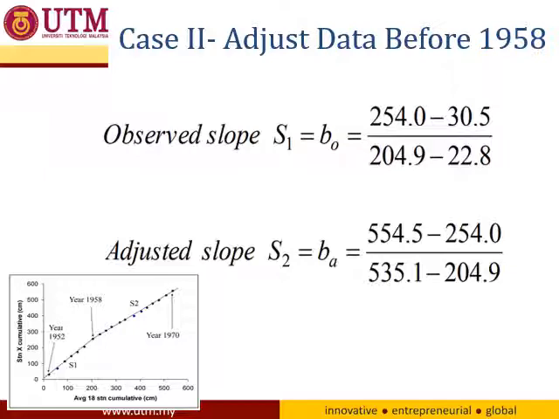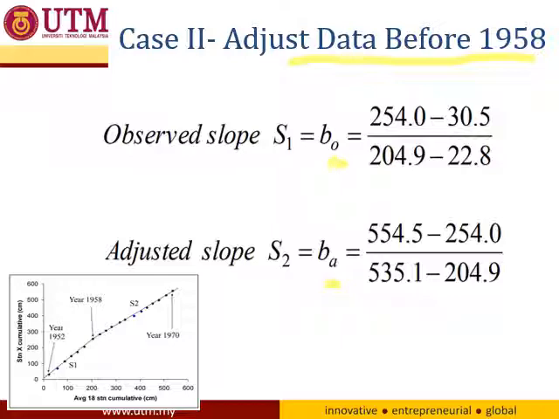There is another condition if we want to adjust data before 1958. Just now we learned how to adjust data after 1958, but now we want to adjust the data before 1958. Remember O is original or observed and A is adjusted. Now it becomes different.